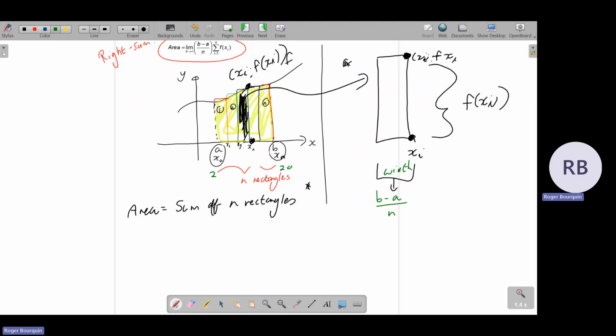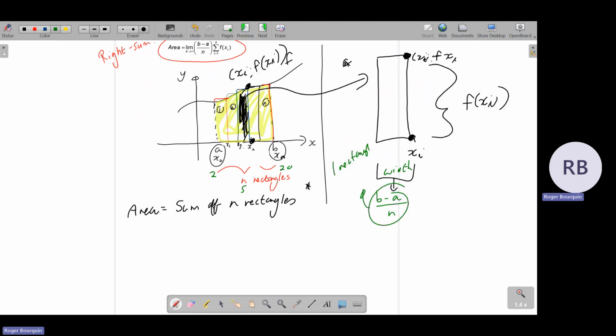If I had five rectangles and wanted the width of each one, I'd go 20 minus 2, which is 18, divided by 5. But in general, it's going to be B minus A divided by the number of rectangles that I have. That's the width of one rectangle.